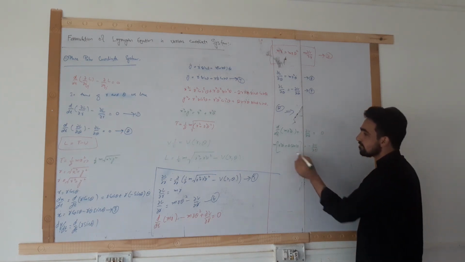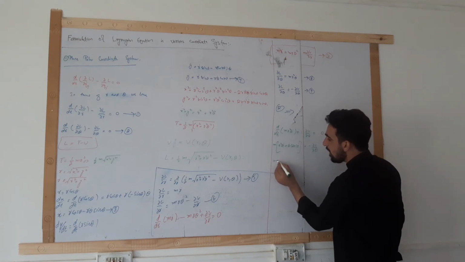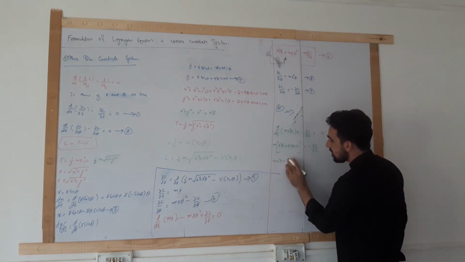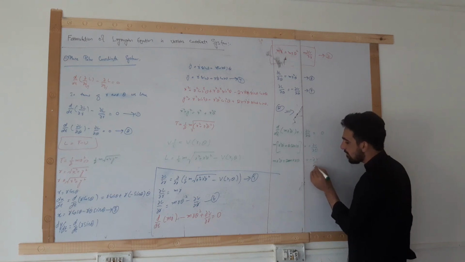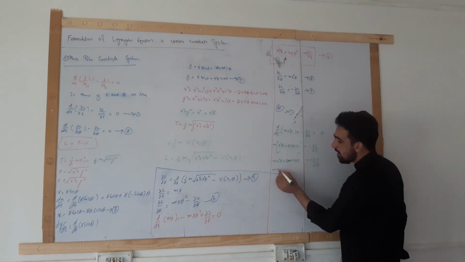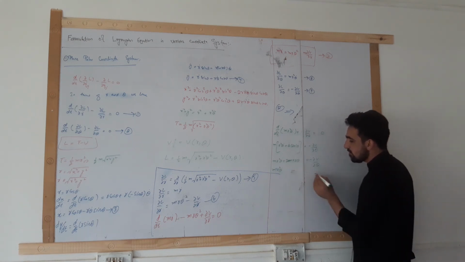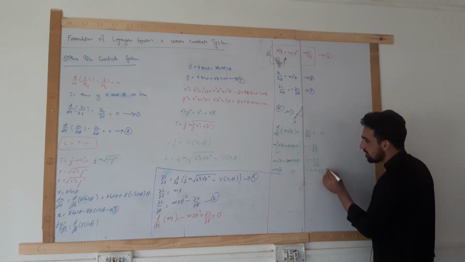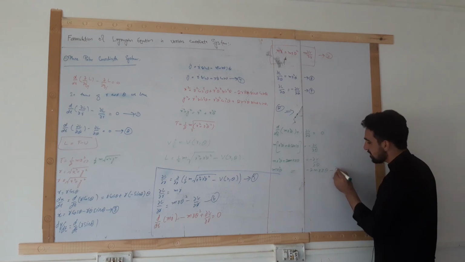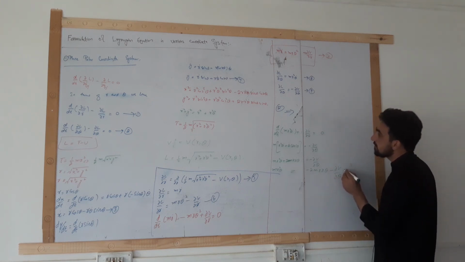So we have m r squared theta double dot plus 2 m r dot theta dot is equal to minus partial V by partial theta, or m r squared theta double dot is equal to minus 2 m r dot theta dot minus partial V by partial theta.